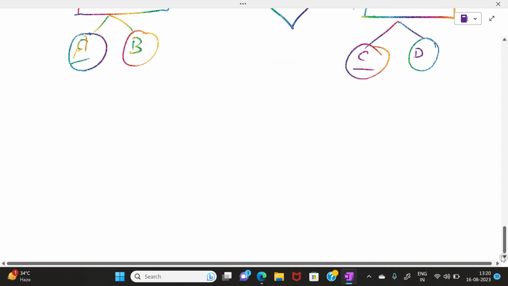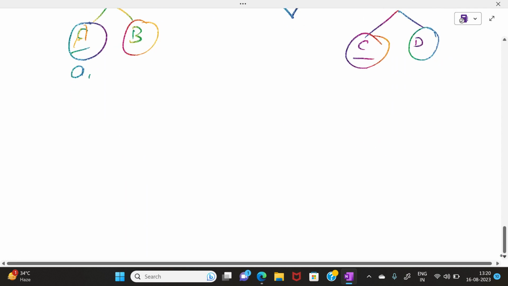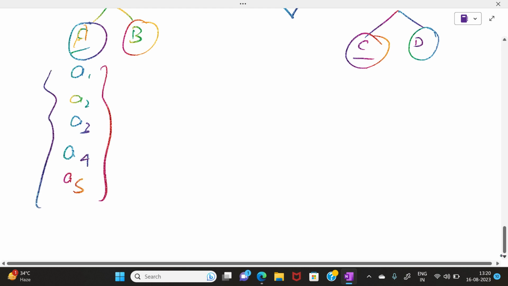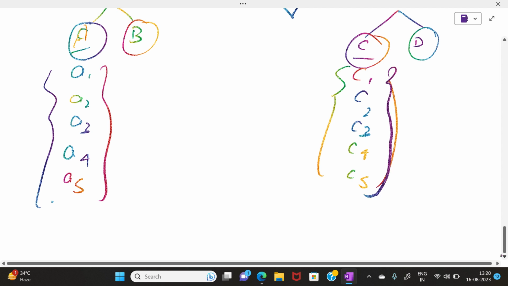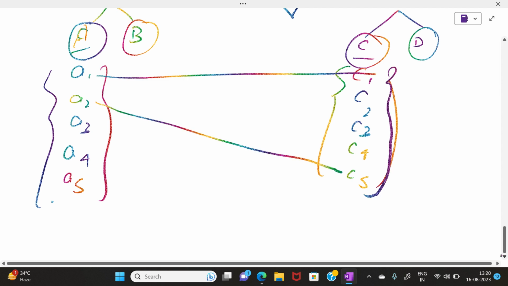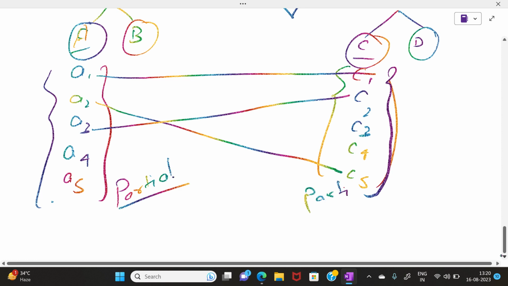For example, let's say A1 is mapped to C1 and A2 is mapped to C5 and A3 is mapped to C2. So there it is not total participation. Here it is partial participation at both the ends. However, it is 1:1 mapping.